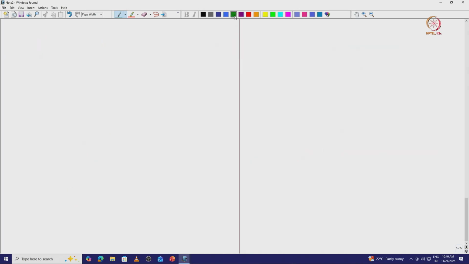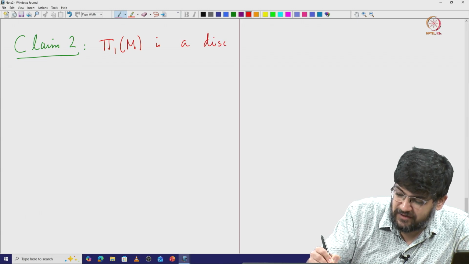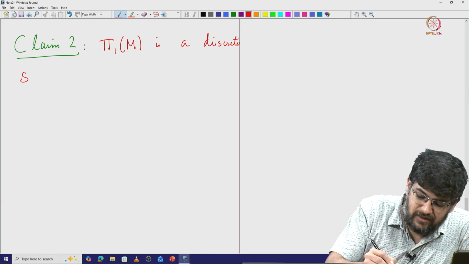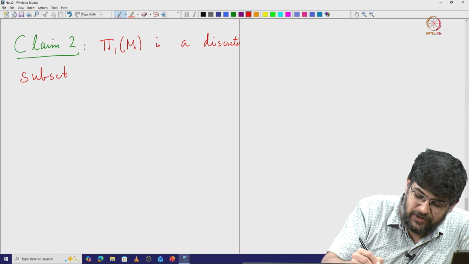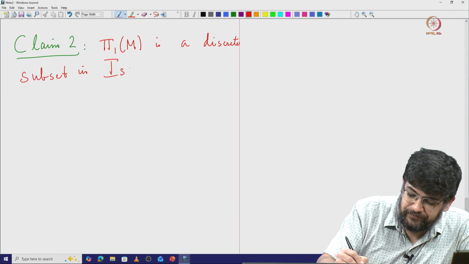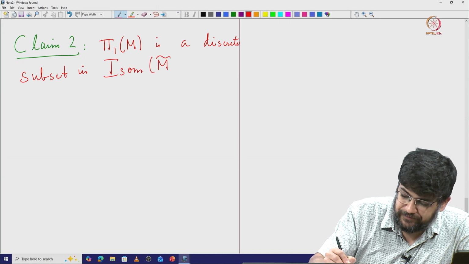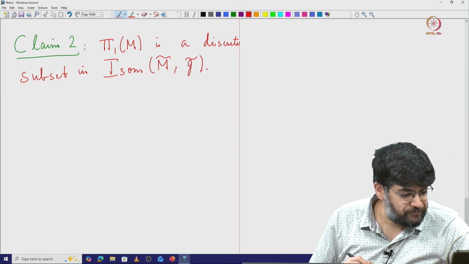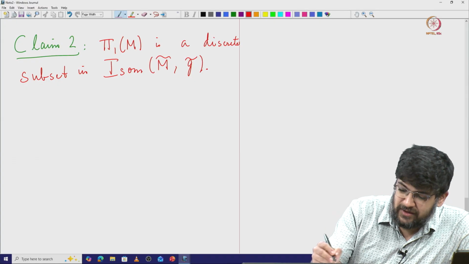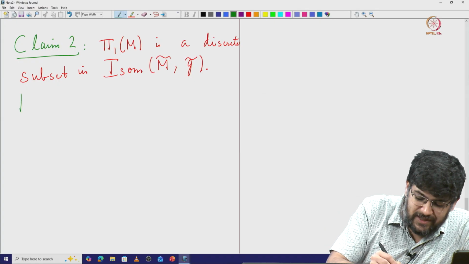All right. The second claim is that this is in fact a discrete subgroup. So pi 1 of M is a discrete subset in the isometry group. What is the proof of this?